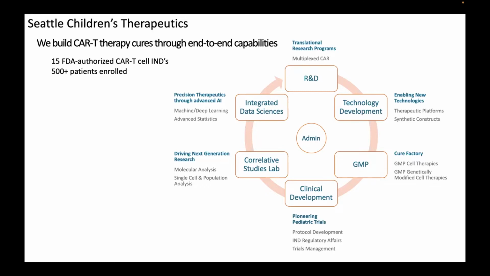And we have a GMP facility to manufacture those cures, and we have a clinical development group to develop clinical trial protocols and run those. Once the trials are up and running, we receive patient specimen samples into the Correlative Studies lab, and combining the force of the Correlative Studies lab and the integrated data science group, we run a bunch of assays on these samples and really get the insights out of the data sets and feed that information back to R&D to drive the next generation of research.